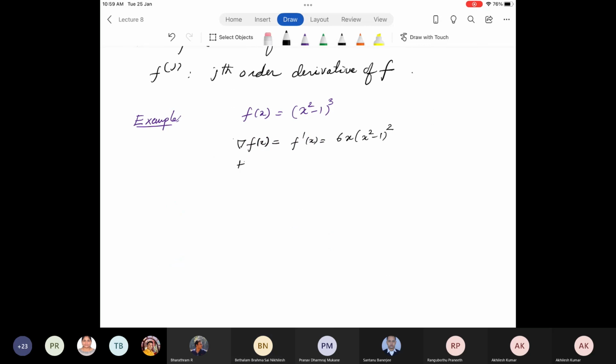What is H(x)? In this case, it is just a univariate function. f double dash x is how much? So first we will differentiate this, guys, keeping this one constant. So 6x into 2x.